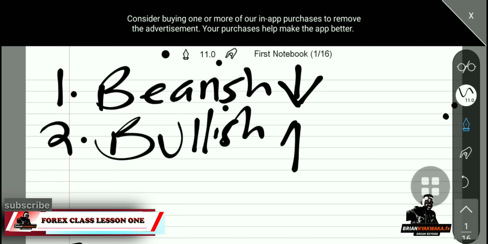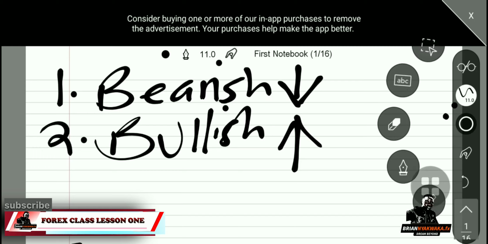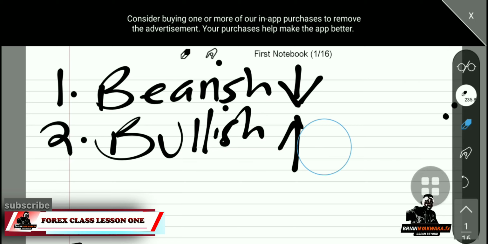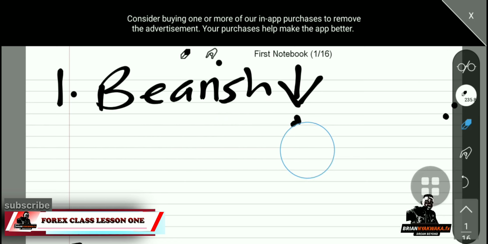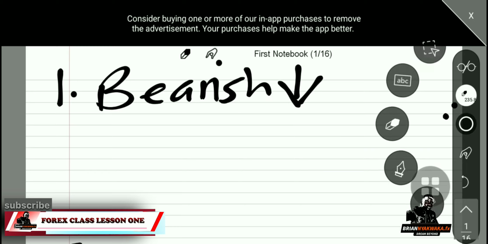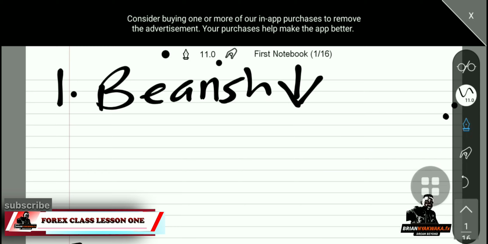Bullish means the price is moving upwards. So when you are drawing the anatomy of a bearish candlestick, you'll have to consider where the price is opening at and where it is closing at. So a normal candlestick looks like this. It has a rectangular body and an upper and lower wick.